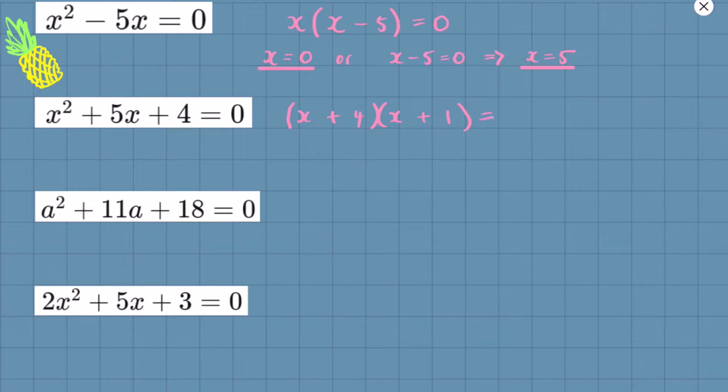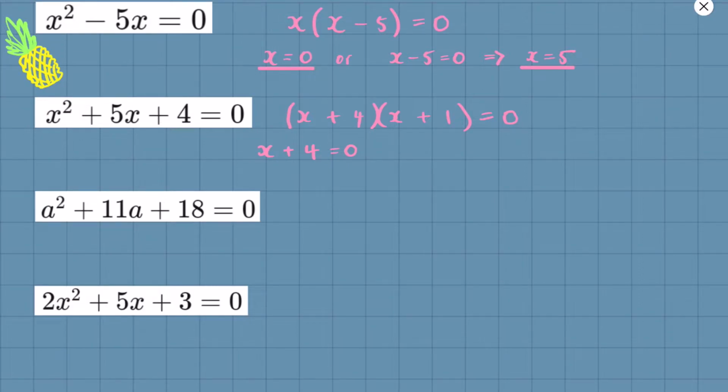And remembering here, importantly, that this is equal to 0. This is an equivalent expression to the original question. Instead, we have brackets. And these brackets are really useful because they're being multiplied together. And that means that if either one of them was 0, then we have a solution because we want the whole thing equal to 0.